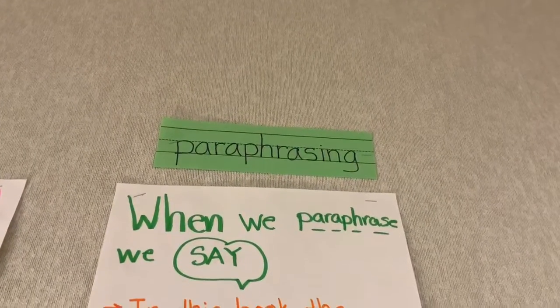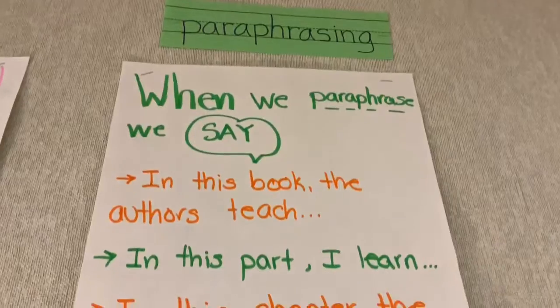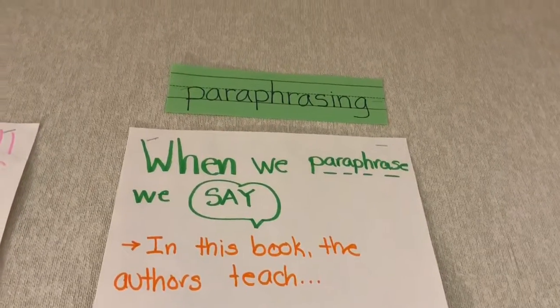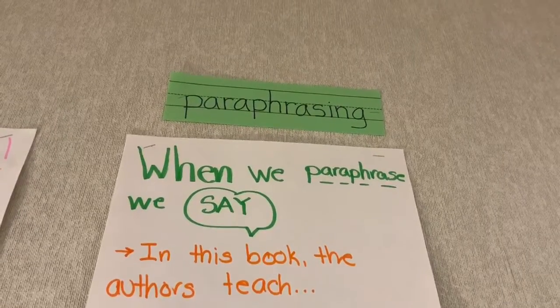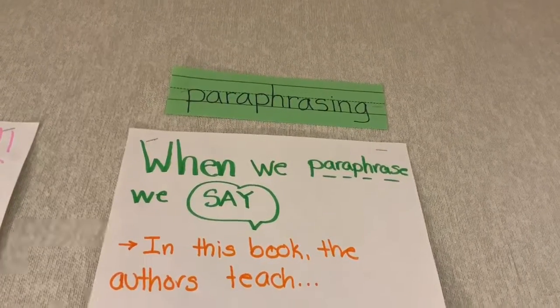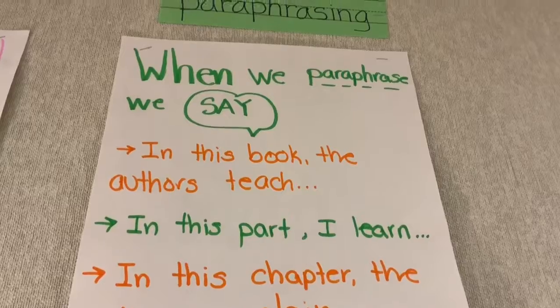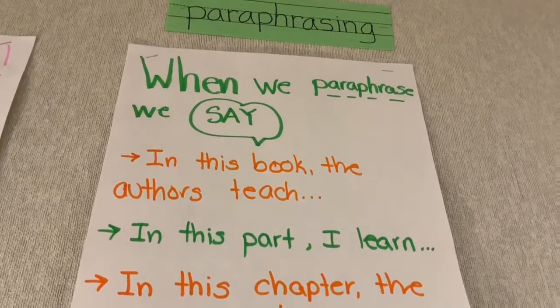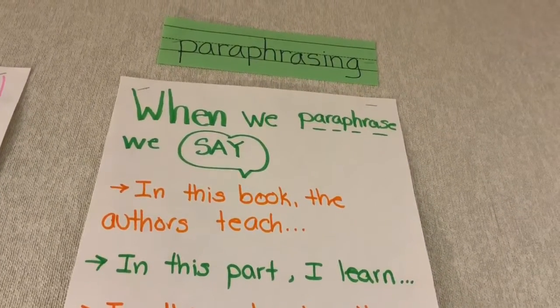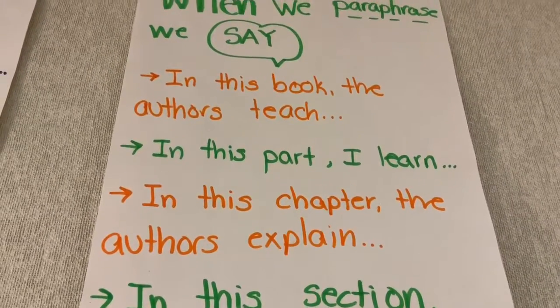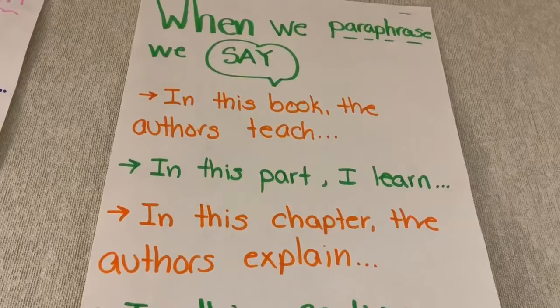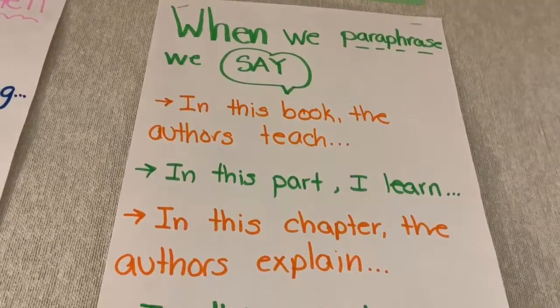So when we paraphrase, we say things like, in this book, the authors teach how cats go from babies to adults, right? In this part of the book, I learn how crabs eat. In this chapter, the authors explain how monkeys pick bugs off of other monkeys' fur.